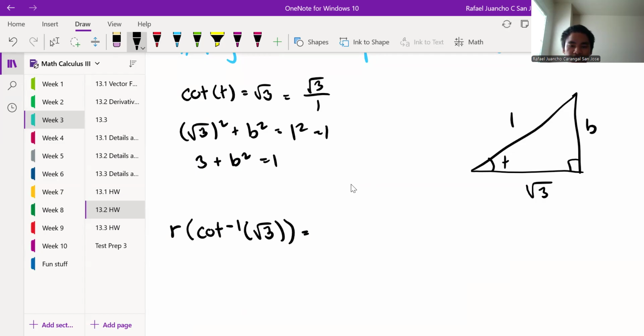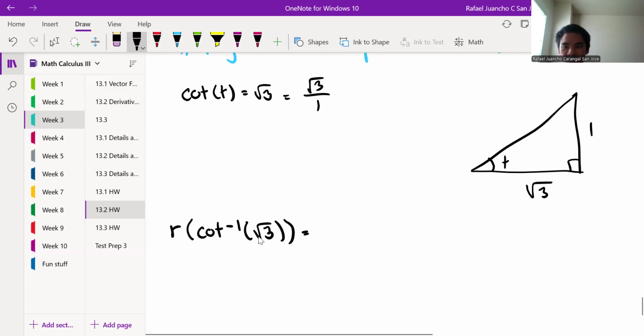Okay. Oh crap, is this impossible? Oh, my bad. Now I see why. This should be 1. I forgot, it was adjacent over its opposite. So that should be 1.